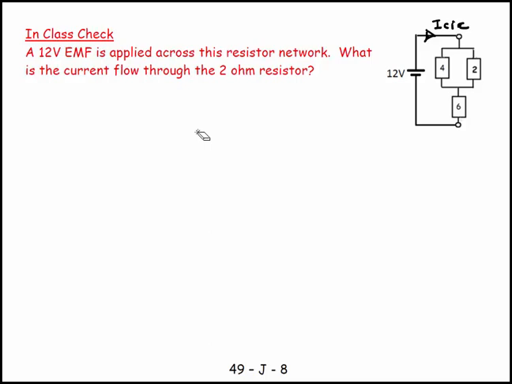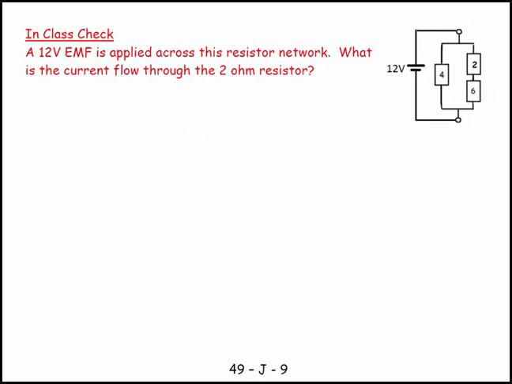Let's look at another example. This is another example where this is a series part that's in a parallel combination. So what we want to do here is find the current flow through the 2 ohm resistor again, but now the 2 ohm resistor is in a very different environment. Again, there's many ways of doing this.